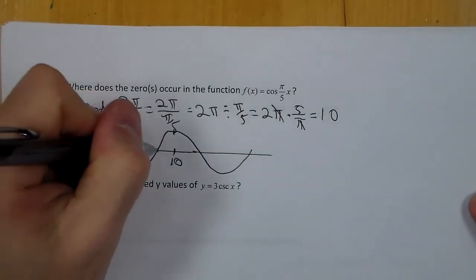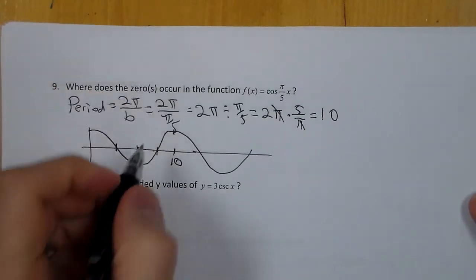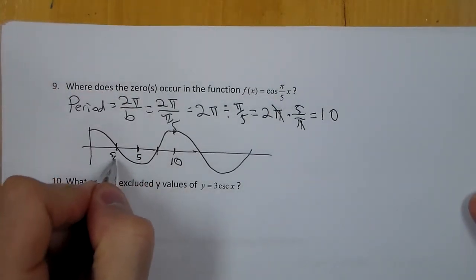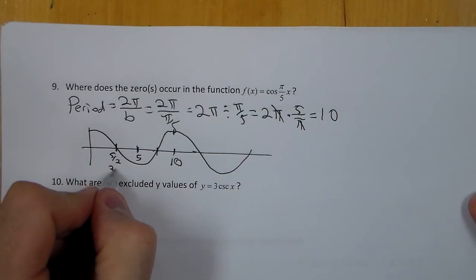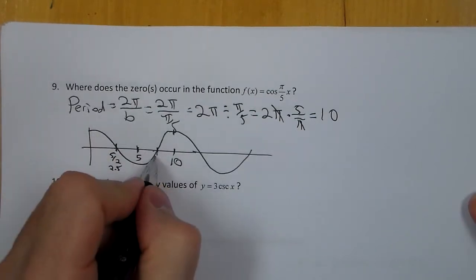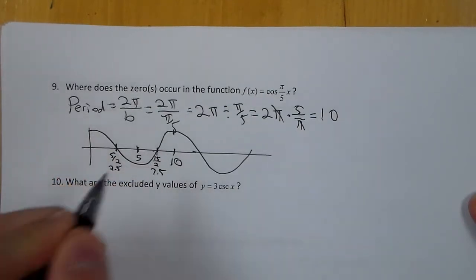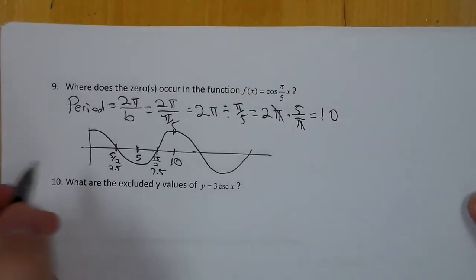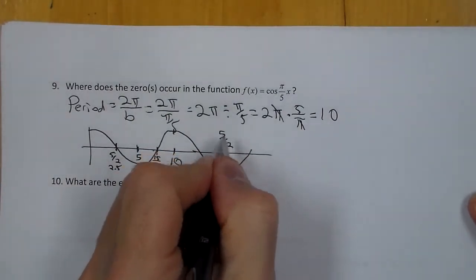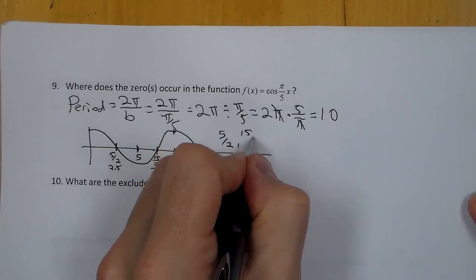Our 3 steps are the 0, minimum, and 0. So that's going to be 5 halves, or 2.5. And this is going to be 15 halves, or 7.5. So it looks like our zeros are at 5 over 2 and 15 over 2.